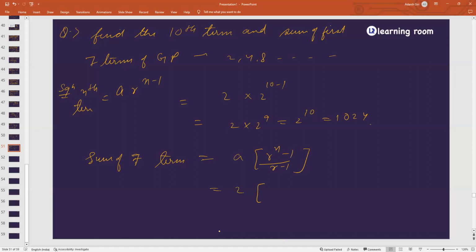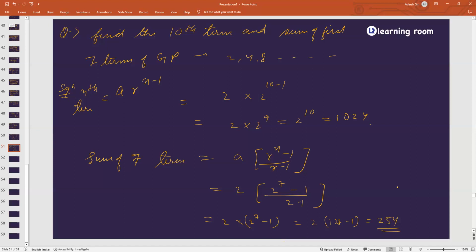A is 2, r is 2, 7 minus 1 by 2 minus 1. It will be 2 into 2 to the power 7 minus 1. 2 to the power 7 is 128, minus 1, right? 254. That's correct. Good. So you understood how to solve these questions about GP?